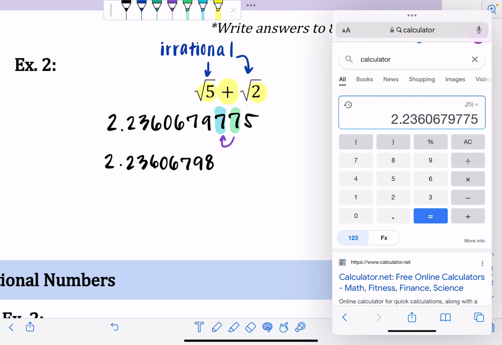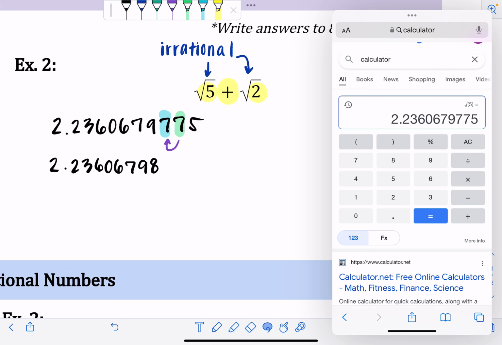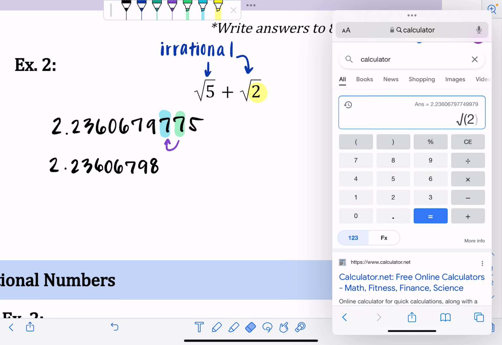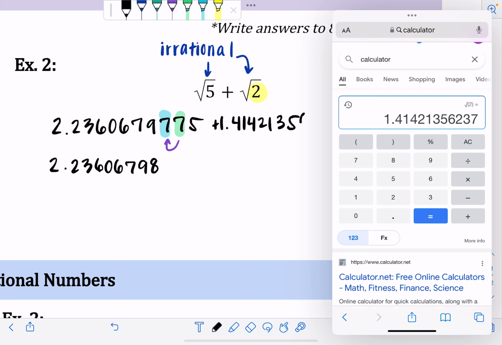And then now we just have to do the same thing with the square root of 2. So we found the square root of 5, now we need to find the square root of 2. Okay, so plus 1.4142135627.